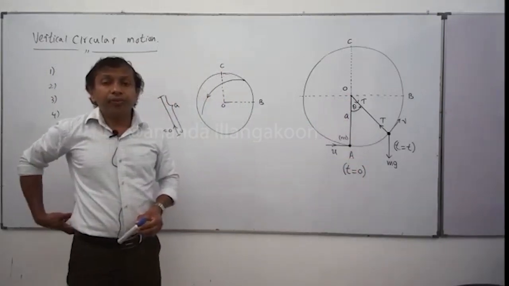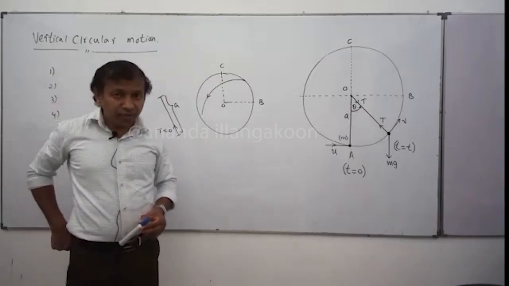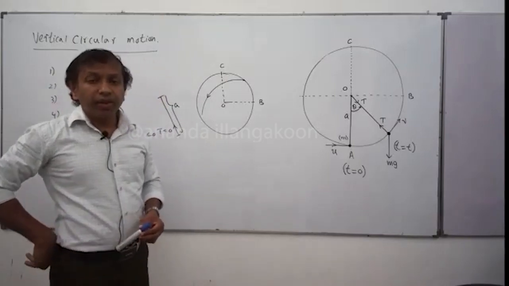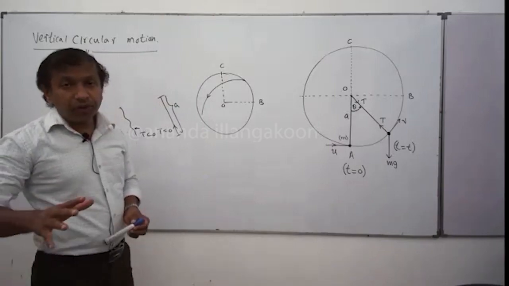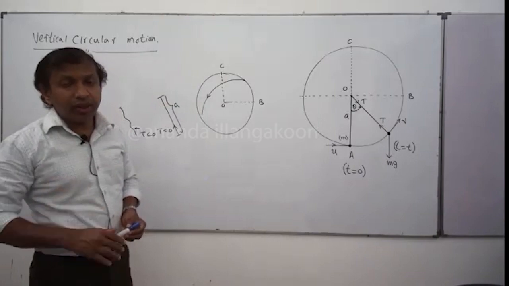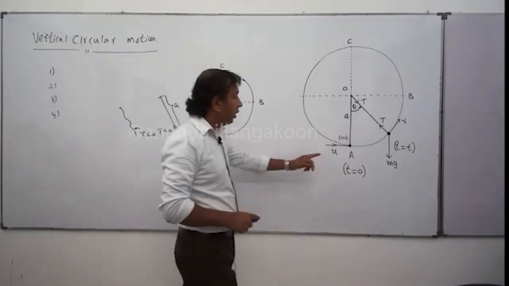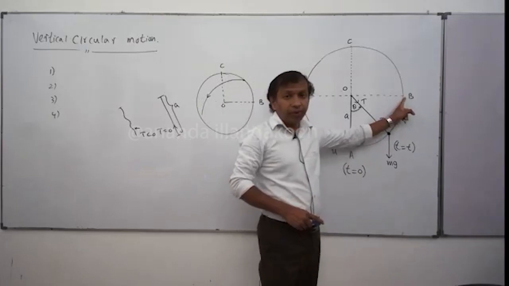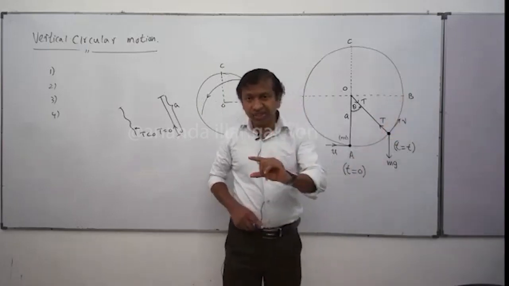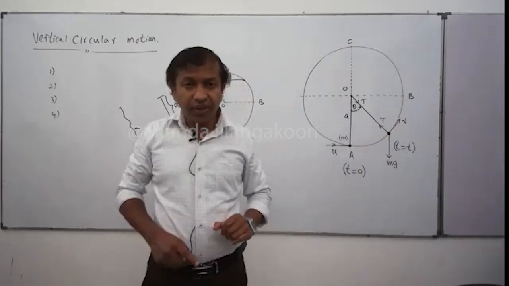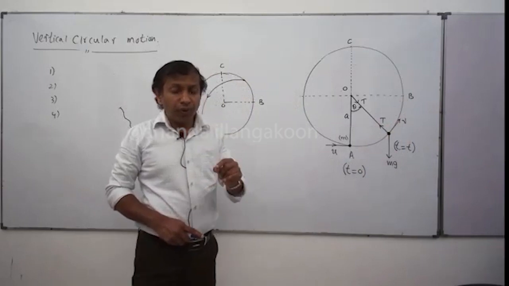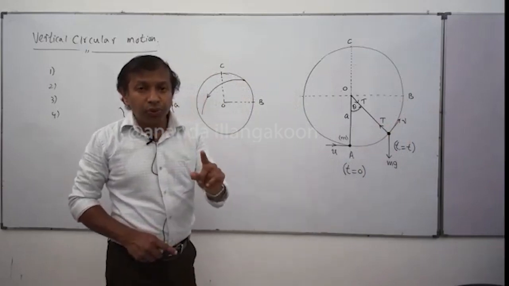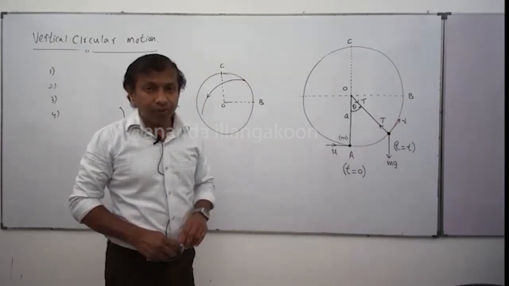So therefore, people, this tension T and velocity V of the particle will vary as the particle moves. Now we can really prove mathematically, in between A and B, out of these two things, tension T and velocity V, if something becomes zero, the velocity becomes zero first.